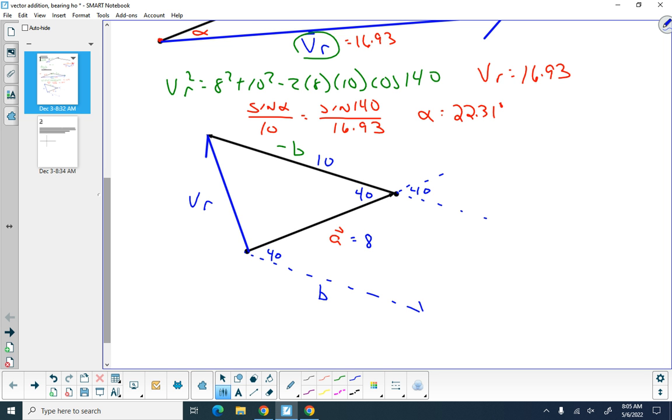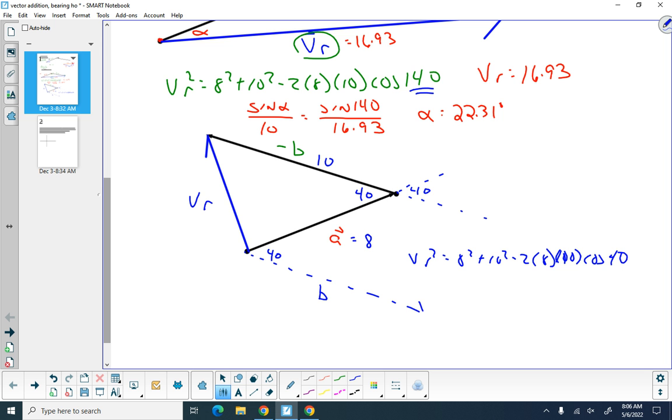And once again, now you have the exact same law of cosines equation up here, but now this gets changed to 40 degrees. So we have BR squared is equal to 8 squared plus 10 squared minus 2, 8, 10 cosine of now 40 degrees. Okay, so it just changes a little bit in regards to your law of cosines. You're still using the exact same magnitudes.